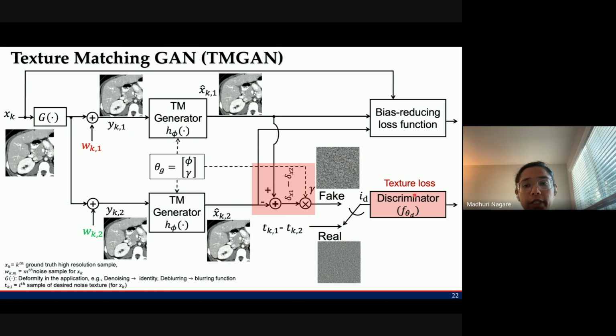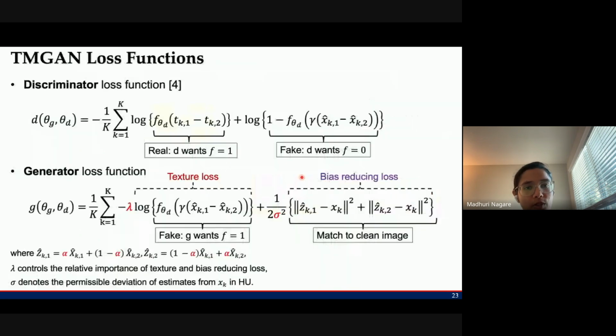So even if the discriminator introduces some fake details, they are embedded in the noise, so they are not recognized at a recognizable level. So this is the key part of the TMGAN. And once we train, we can use the TMGAN generator to generate the results, to enhance the images.